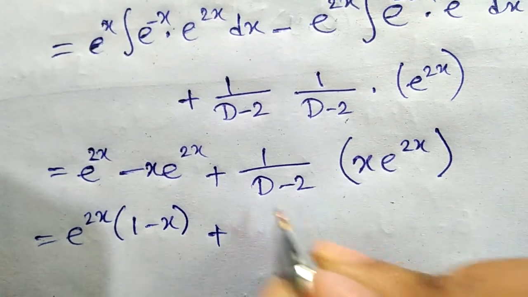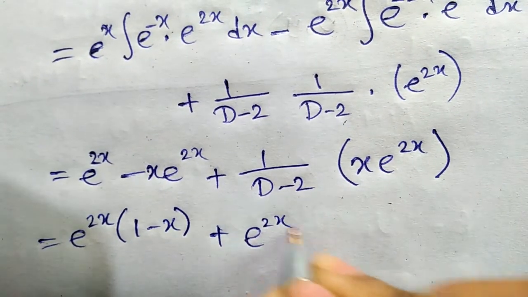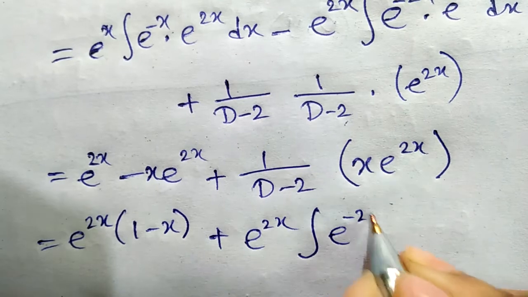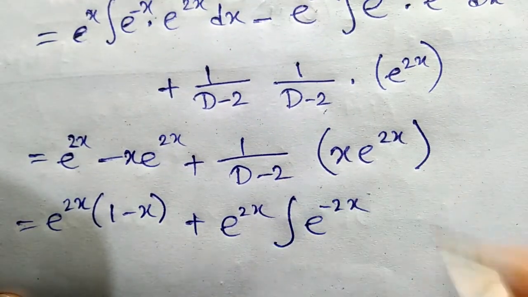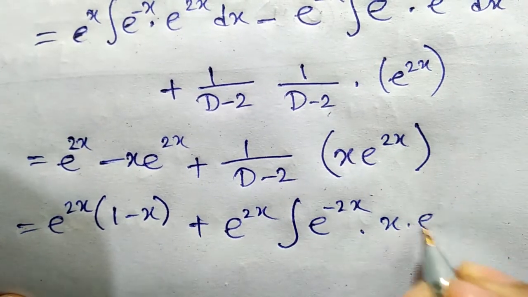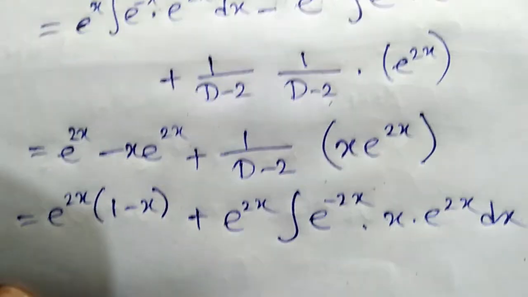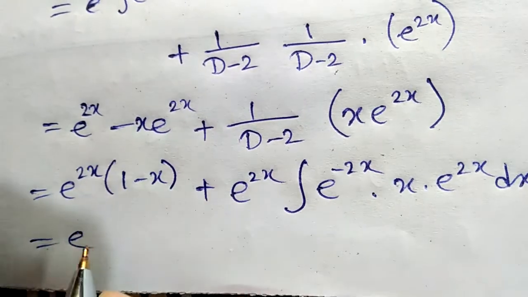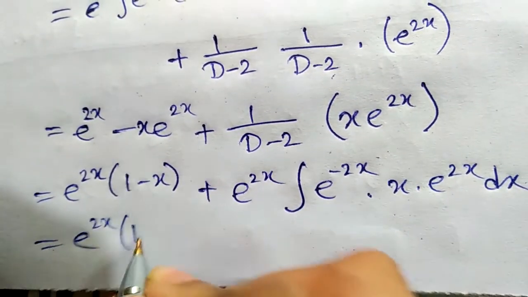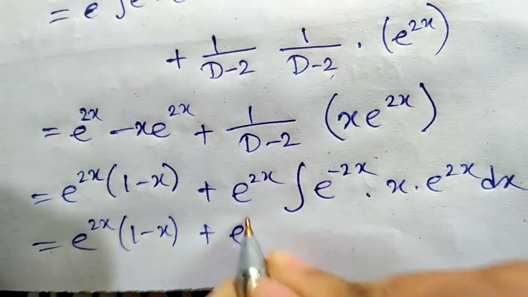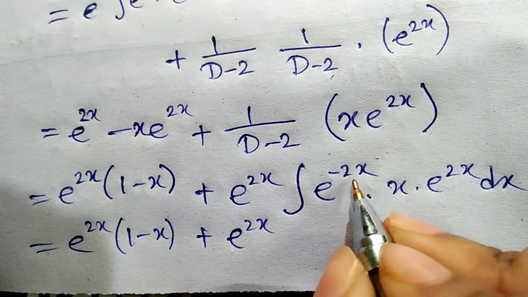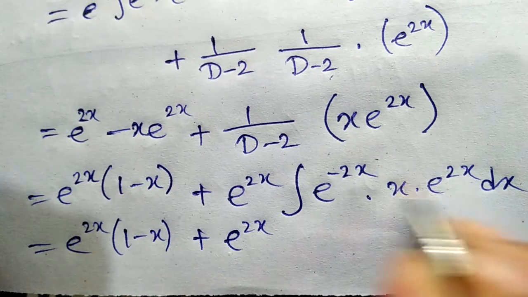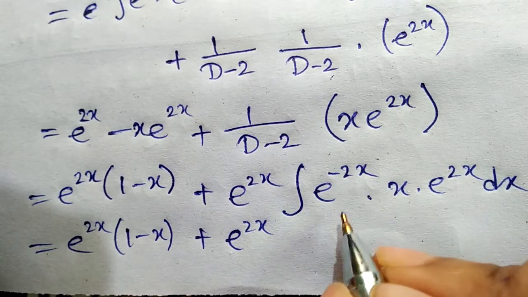Now for this, e to the power 2x integration e to the power minus 2x fx. Here fx is this total x into e to the power 2x dx. So e to the power 2x into 1 minus x plus e to the power 2x into e to the power minus 2x, e to the power plus 2x, that is e to the power 0, 1.